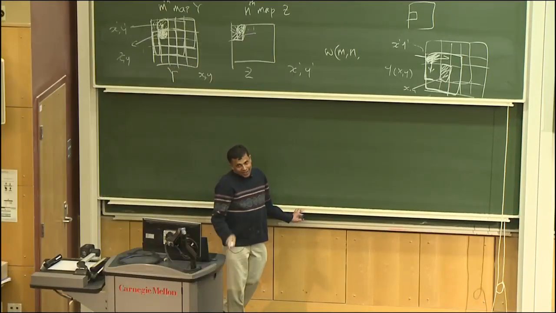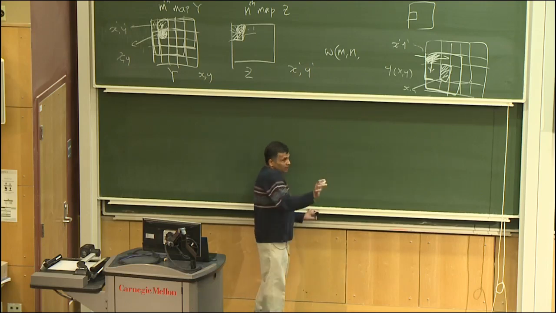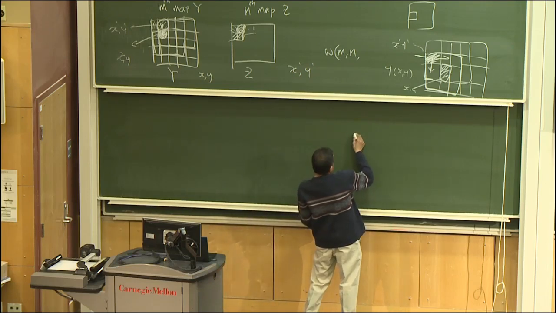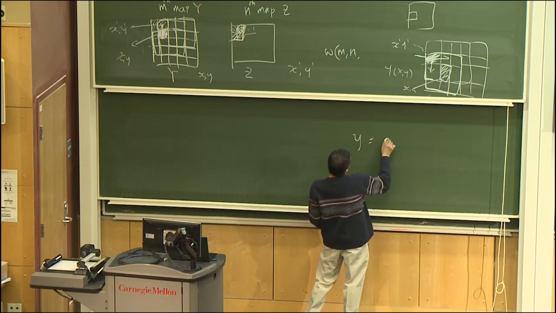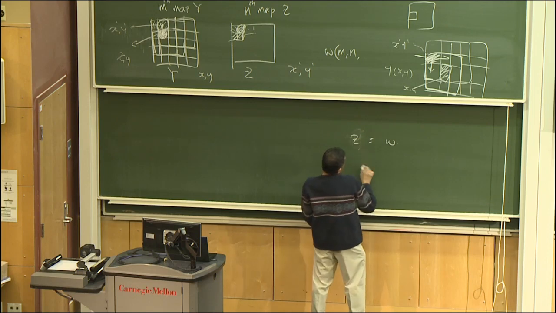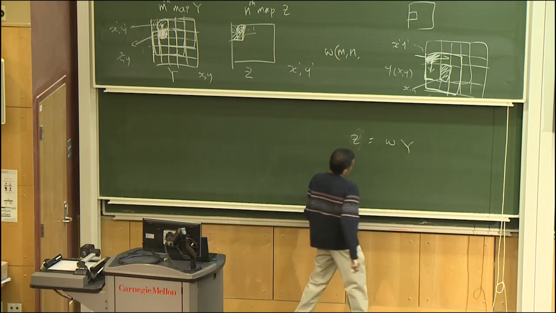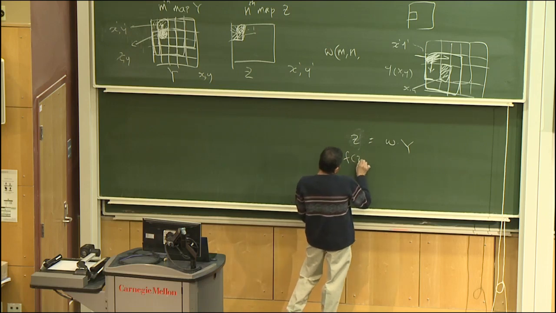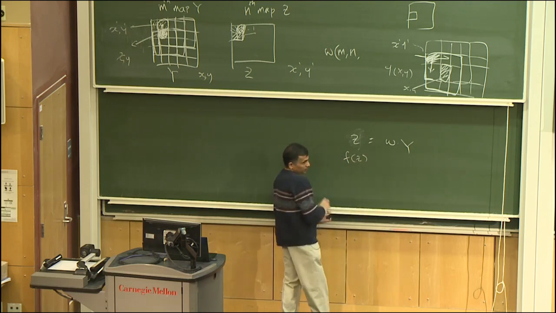All right. Now observe this. In the process of any computation, suppose I have z equals w times y, and then I have some function f of z that I've computed.